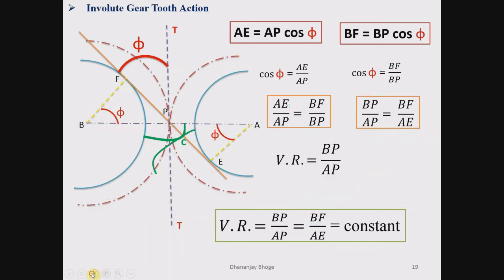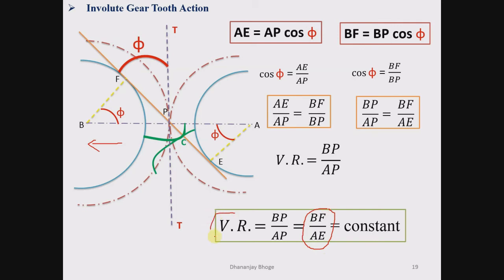If we try to change the center distance, let us suppose that we shift center of gear B towards left in order to increase the center distance AB. Will it change the base circle radius? No. So change in center distance doesn't affect this ratio.